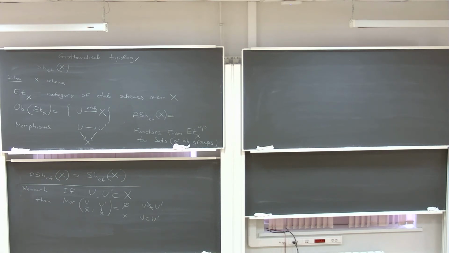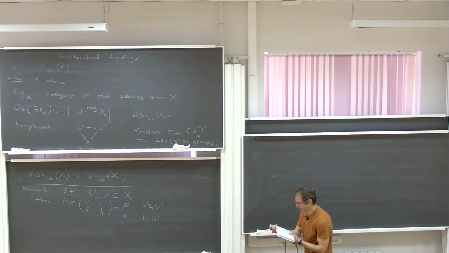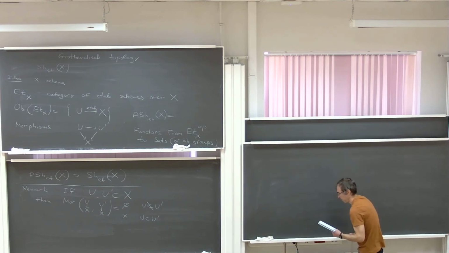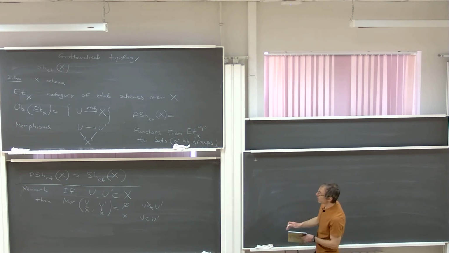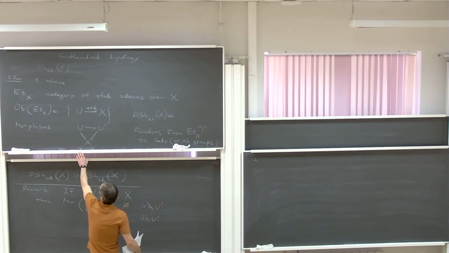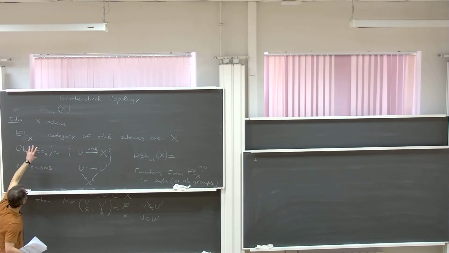Now I want to explain what this sheaf condition means, and it's convenient to do it in a more general setting. So this is the end of the introduction. Now I will start the lecture proper. To summarize: in order to define presheaves, all we need is a category.